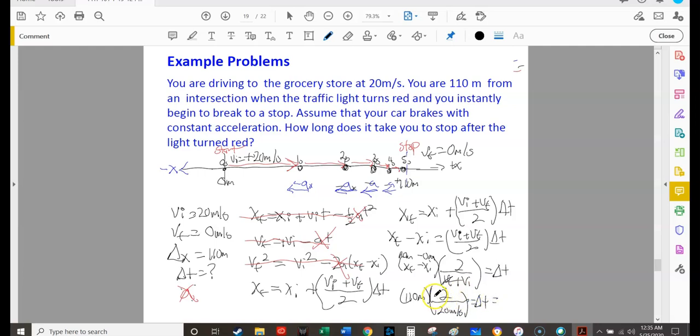This is going to work out to be 2 divided by 20, which is 1 divided by 10, and so now we have 110 meters divided by 10 meters per second, which works out to 11 seconds. And that is the amount of time it takes for me to come to a stop.